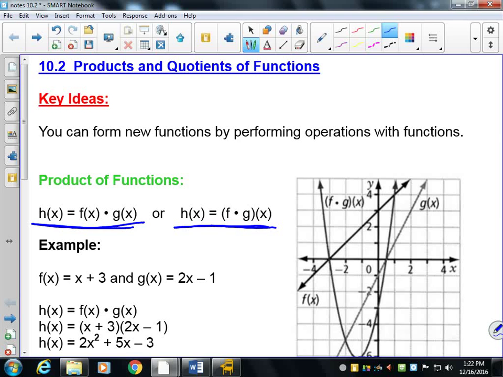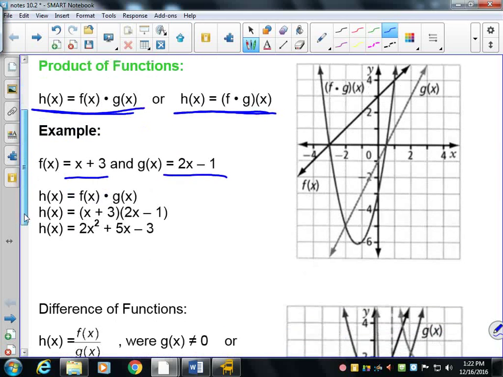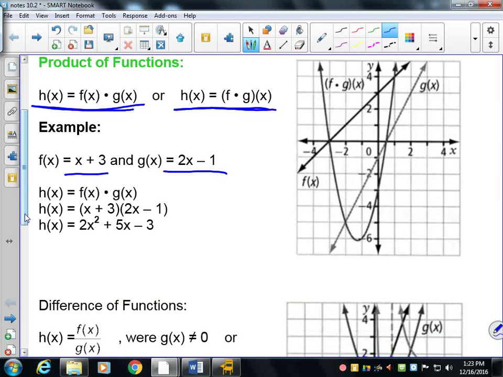So if we have f of x equals x plus 3, which is a line, and we have g of x, which is 2x minus 1, which is another line, right? If we have those two things, we multiply them. Realistically, we can write them as x plus 3 times 2x minus 1. How do they actually come up with this? They distribute, they FOIL.